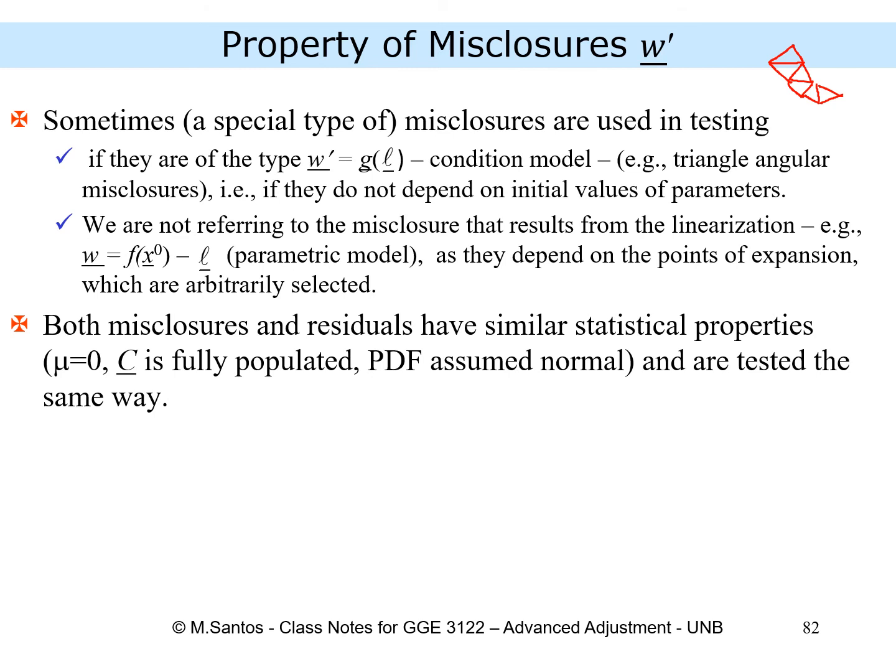We have these loops, and we can, for example, compute the misclosure within these loops. An example is the triangle angular misclosures, like the ones we used in the example on the univariate test on the histogram, the chi-square goodness of fit test.